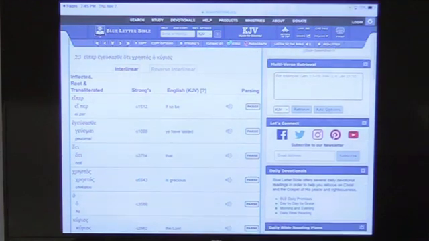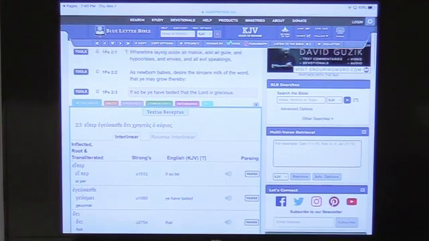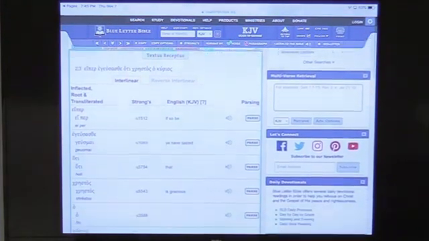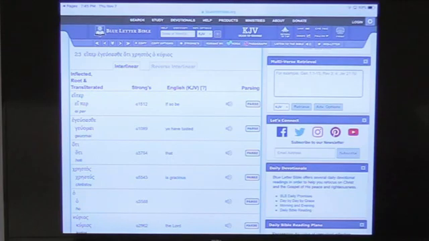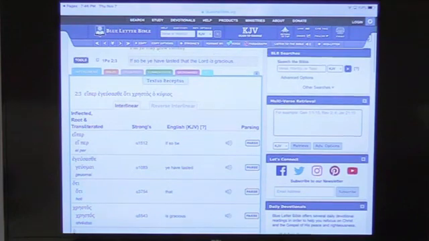At the top of that column, you have the Greek Textus Receptus right there. But then you have all the words in there, because it's interlinear, you have them in the right order. Do you see this one that I'm doing here? Blue Letter Bible. So this has the verse up at the top there, 1 Peter, "if so be ye have tasted the Lord is gracious," that's King James.